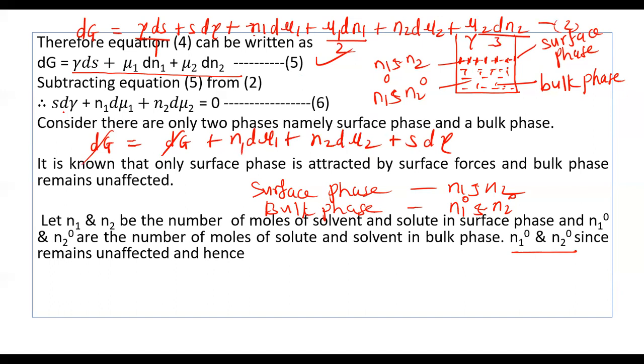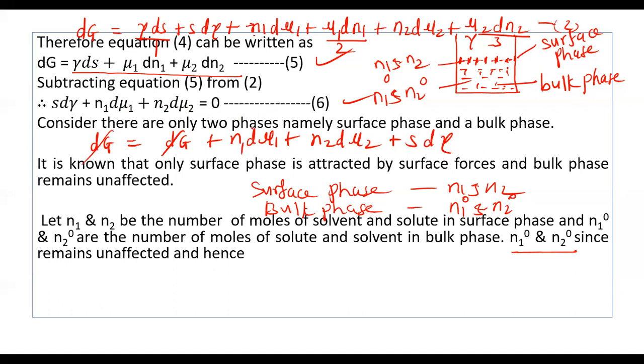You can see here, S into d gamma plus n1 d mu1 plus n2 d mu2 is equal to 0. This is our equation 6.